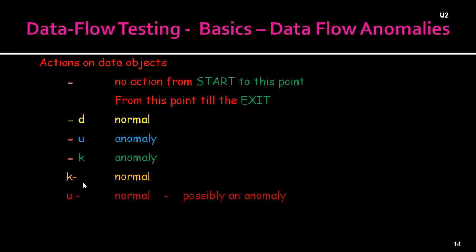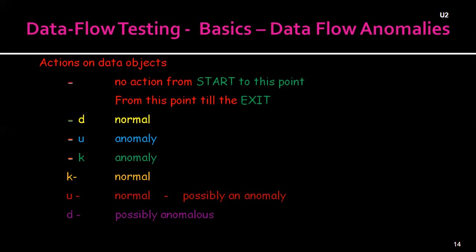Next, U minus. So not normal. So U minus is possibly an anomaly. It is not normal. And D, possibly anomalous. So these are the situations: 6 single letter situations, besides the 9 double letter situations that we have seen earlier.